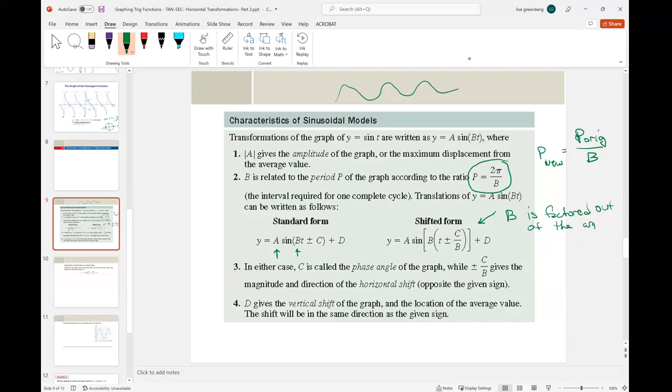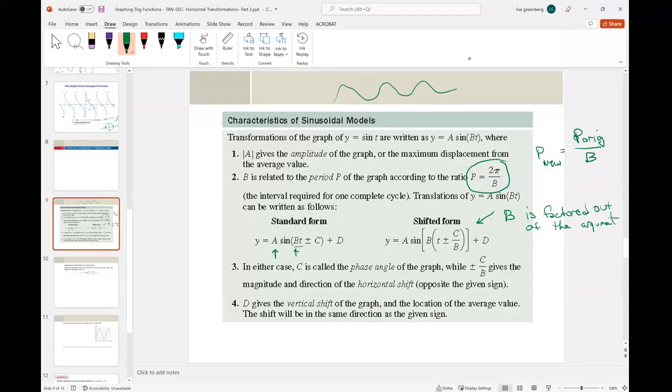You see that? Yeah, I did. So basically all we do, if we divide both of these pieces by B and we put that out front, then that's how we get our shifted form. And we're gonna mostly be using our shifted form. Hold on a second. Okay, my mouse was dead. Okay, so we're basically gonna be using our shifted form for a lot of what we're gonna do.